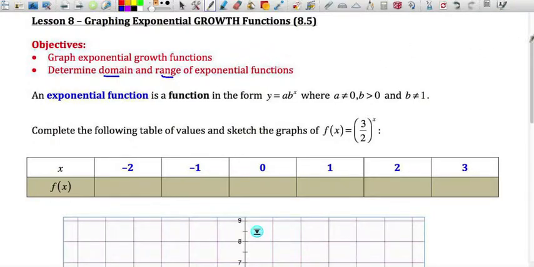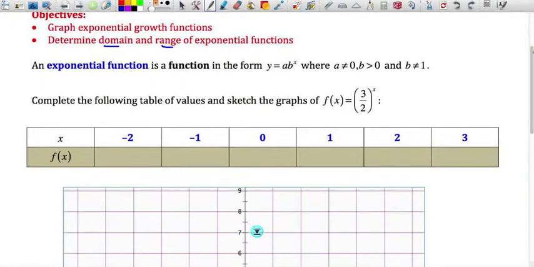Okay, we'll start off with a look at the form of the exponential function, which is really its equation. What we'll notice is it's got a couple of components to it. We have y is equal to a times b to the power of x.